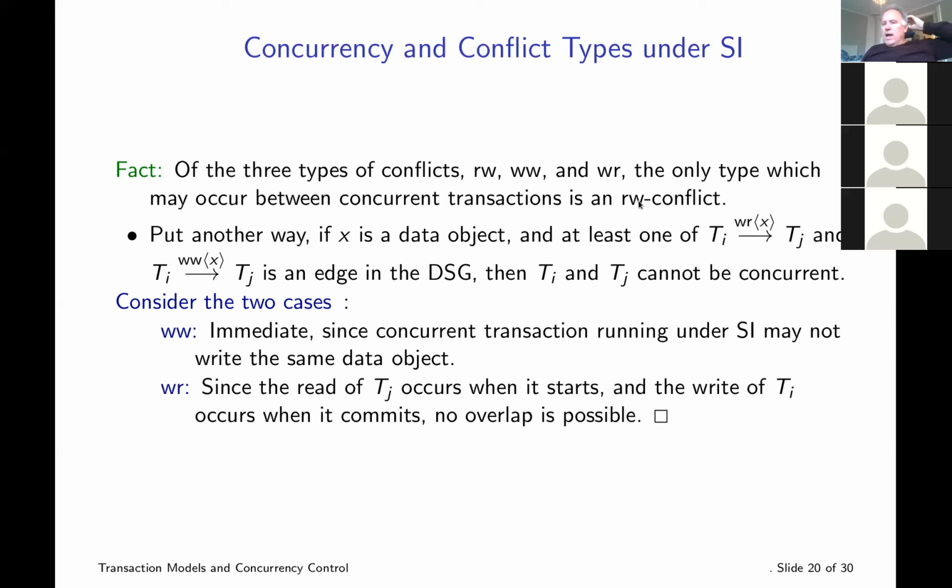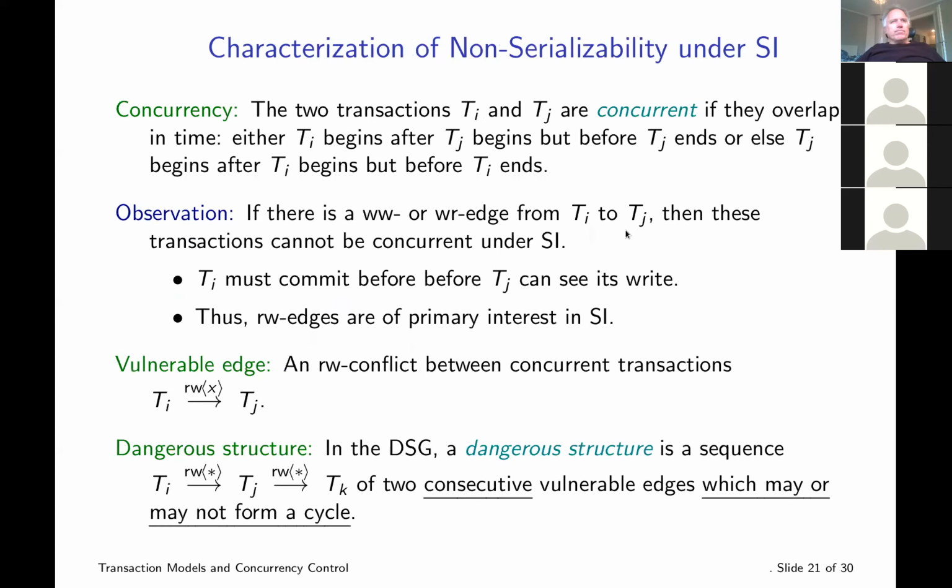Otherwise, it could never have come out of something running under snapshot isolation. So it's a simplification of the problem: these are the only legitimate DSGs we could actually wind up having.